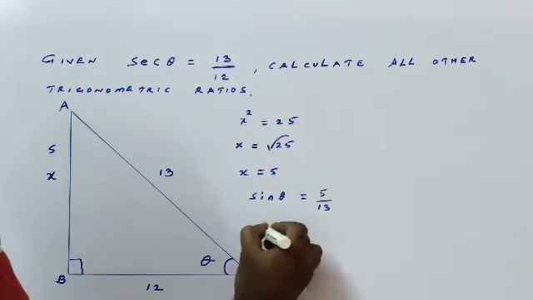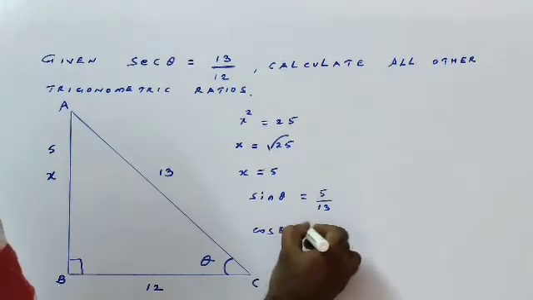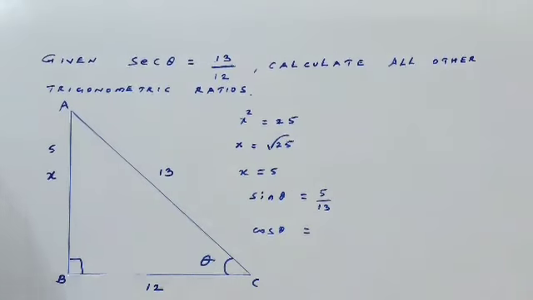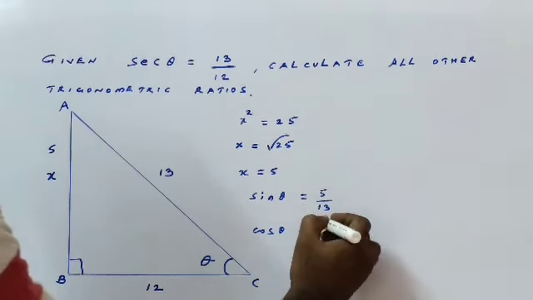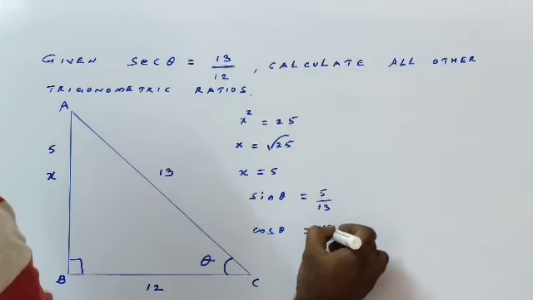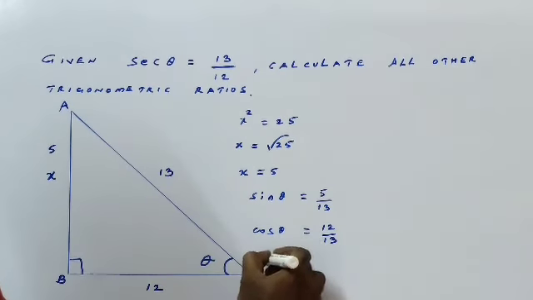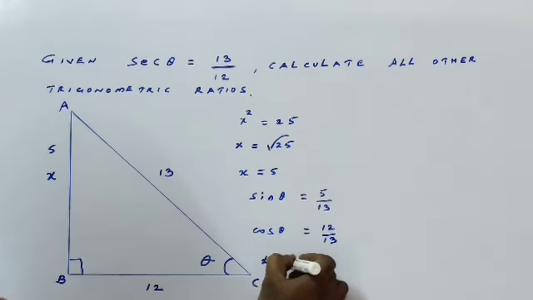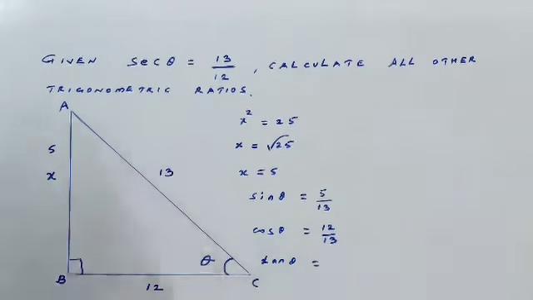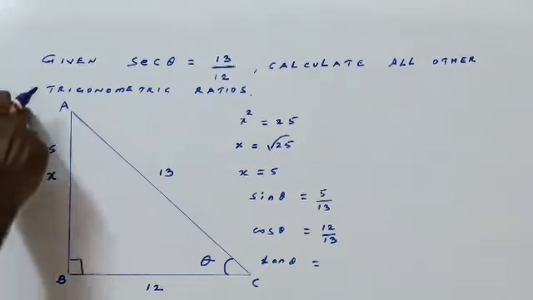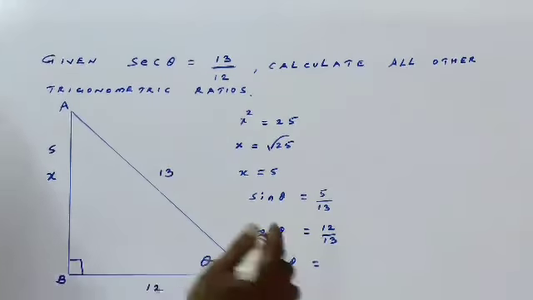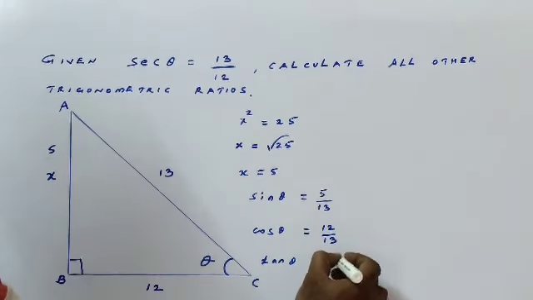Then cos theta, adjacent side by hypotenuse side. Here adjacent side is 12, hypotenuse side is 13. So 12 by 13. Then tan theta value, opposite side by adjacent side. So opposite side is 5, adjacent side is 12, 5 by 12.